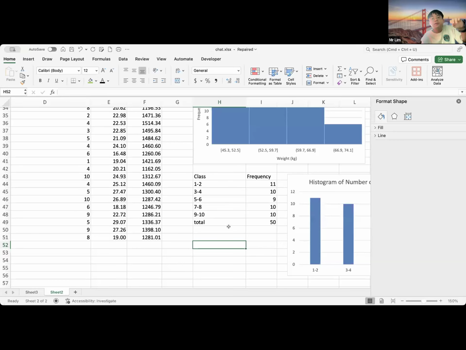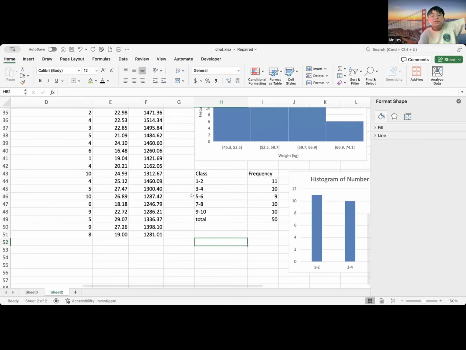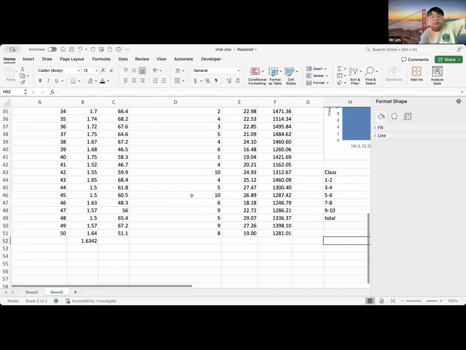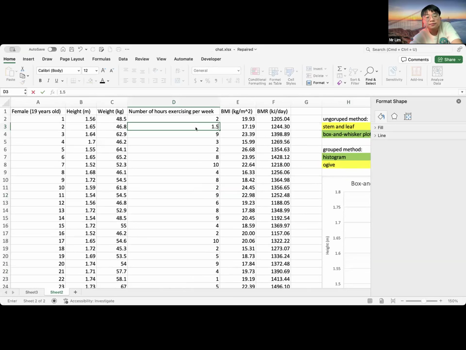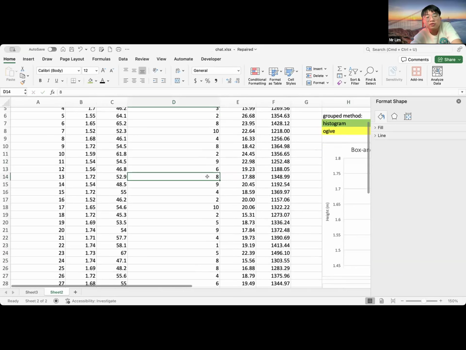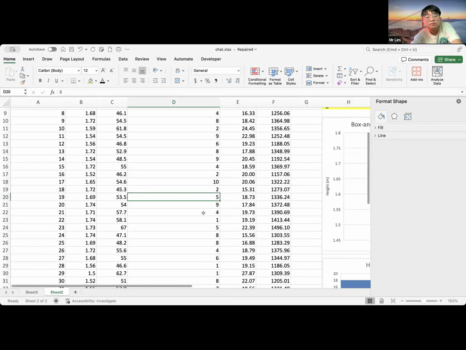In a more general setting, it is not necessary that you have only integer values. You can have, for example, 1.5, and maybe some 0 data. Let's say this is 0.